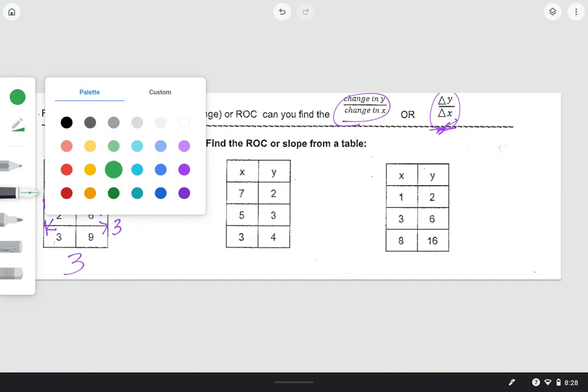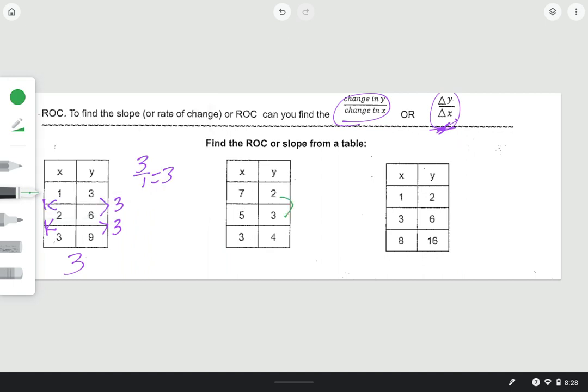Okay, let's look at the second one. From 2 to 3 is 1. 3 to 4 is 1. That's my y. I go over to the x. 7 to 5, this time it's a negative, so minus 2. 5 to 3 is minus 2. Now, the big thing that people forget is they want to put the big number on top, but it's always y.